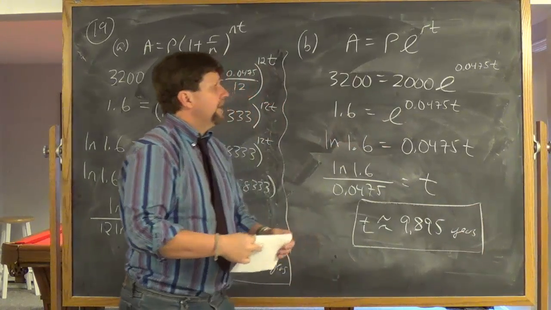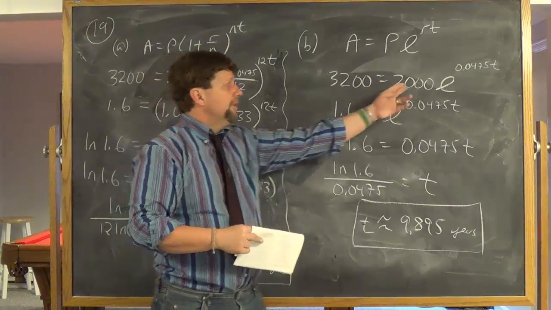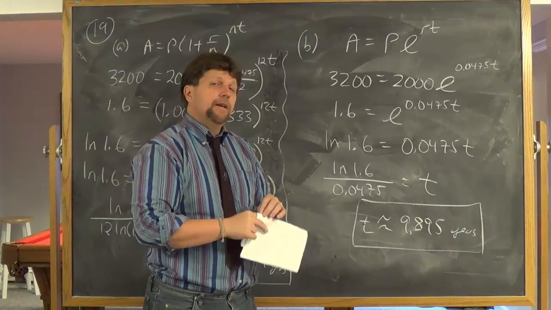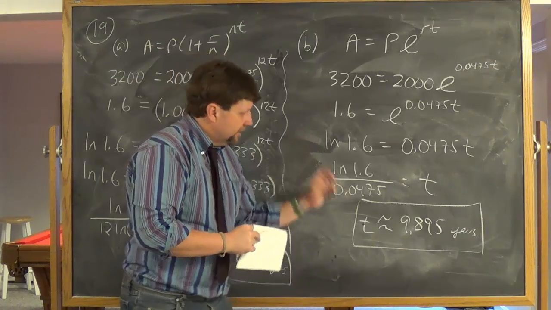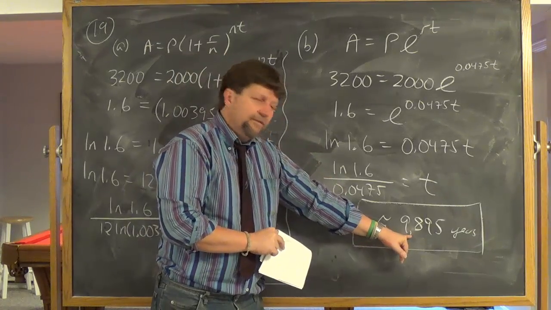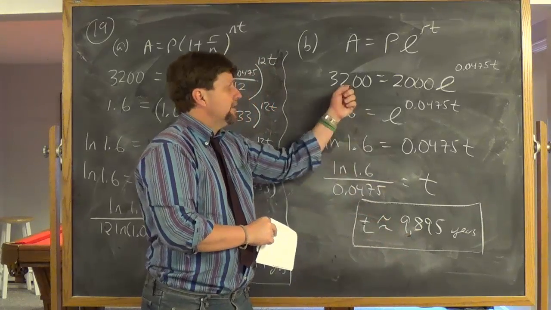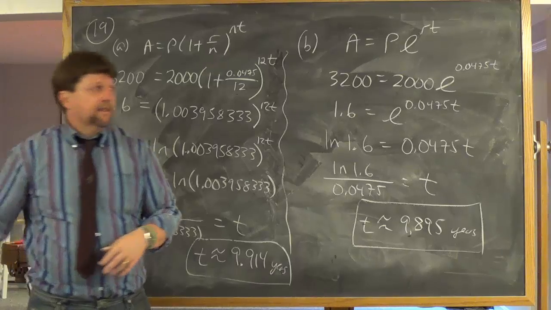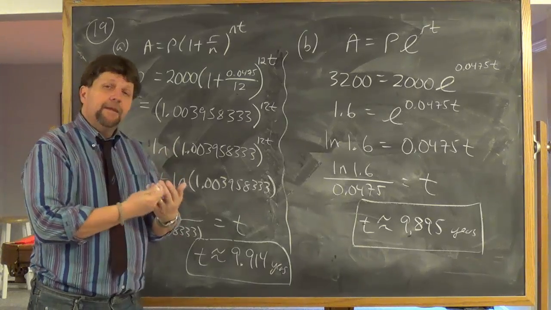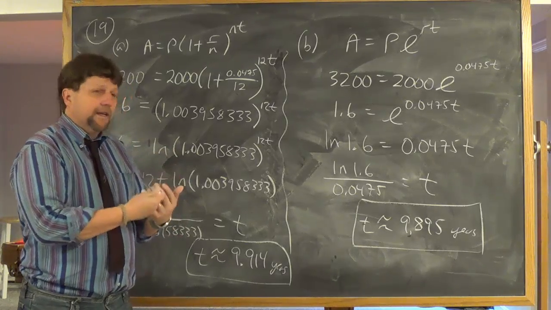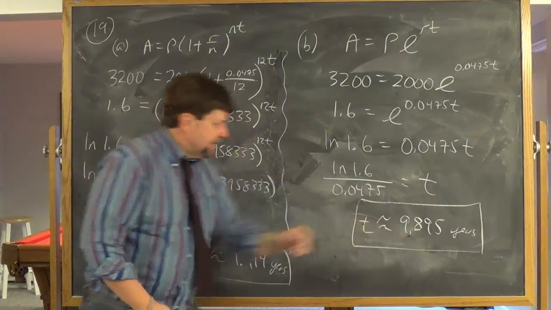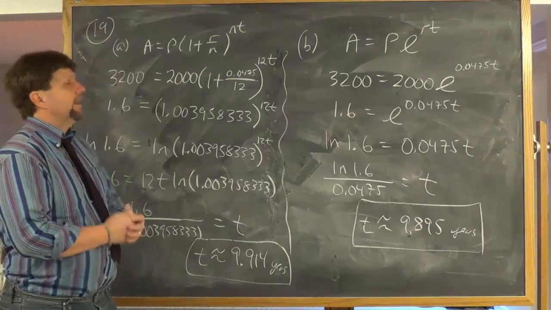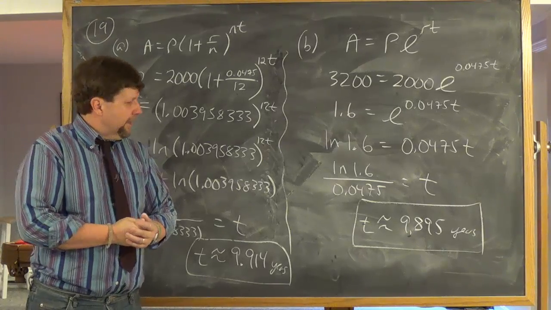So if she invests her $2,000 in an account earning 4.75% interest compounded continuously, it will take about 9.895 years for her money to grow to $3,200. And intuitively, that should make sense. Compounded continuously at the same interest rate, it should take a little less time than compounded monthly. And that's it for number 19.